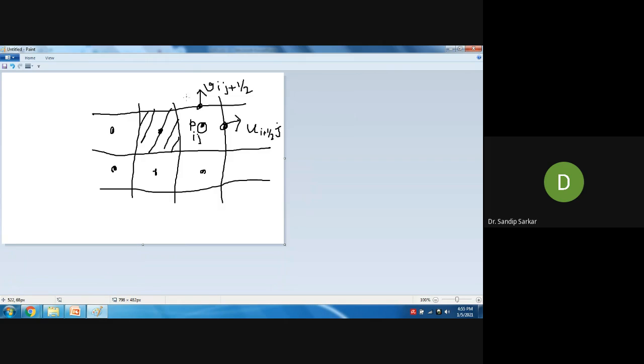So velocities are specified at the faces of the cell, pressure is specified at the center of the cell. This is a remedy, and this type of grid is called staggered grid.